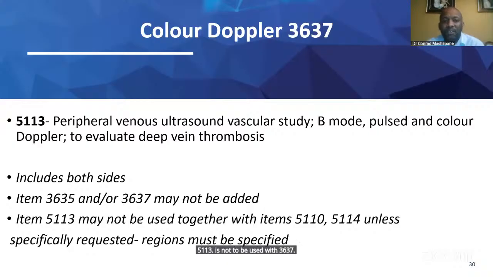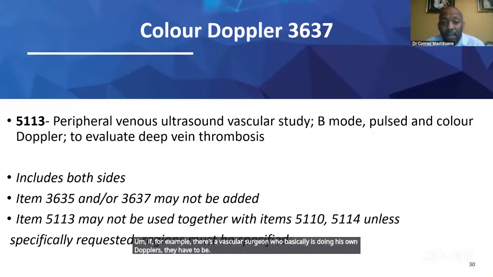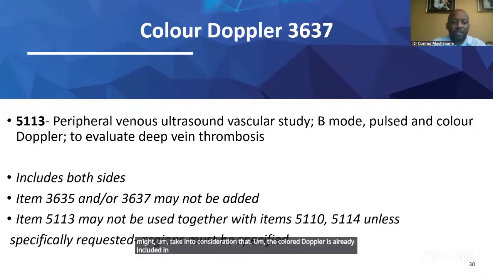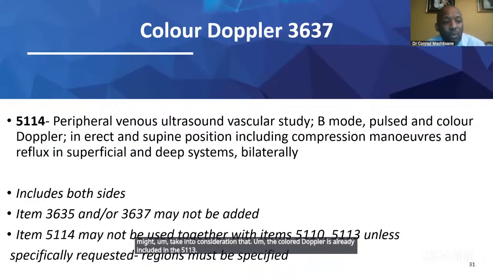If, for example, there's a vascular surgeon who is doing his own Dopplers, they have to take into consideration that the color Doppler is already included in the 5113. 5114 as well. We expect the vascular surgeons to be using these codes quite a lot.